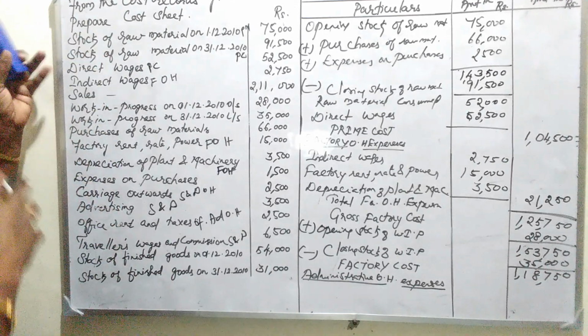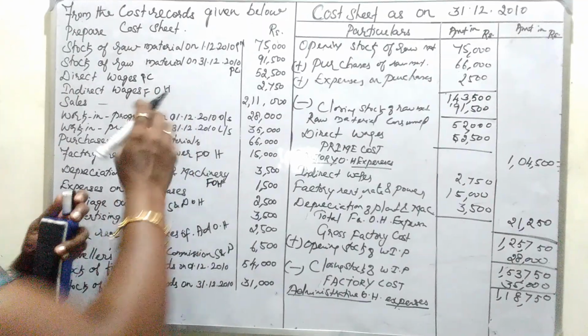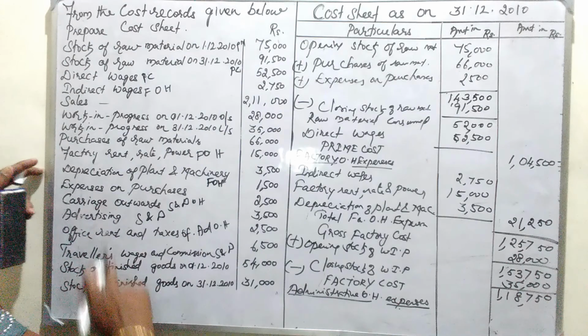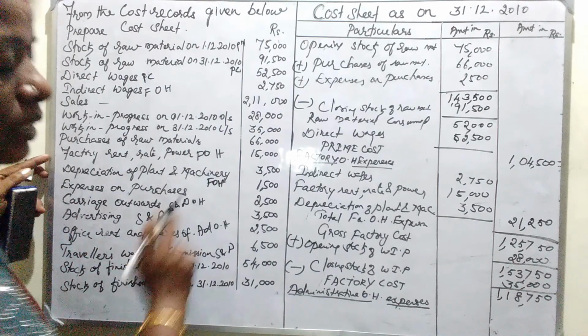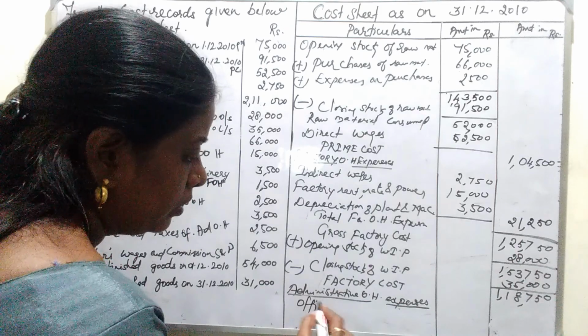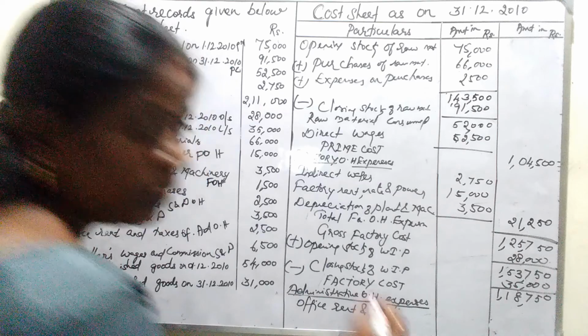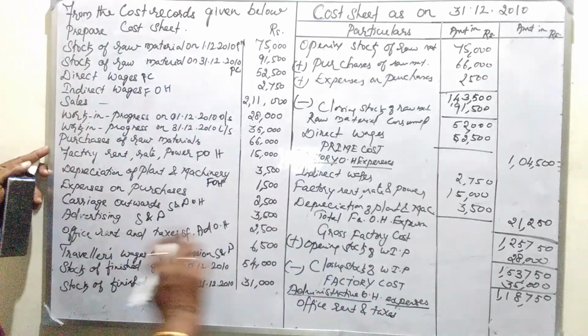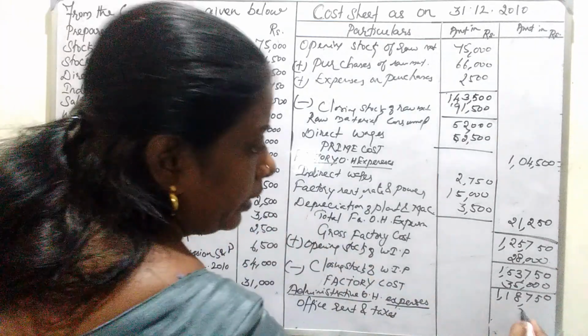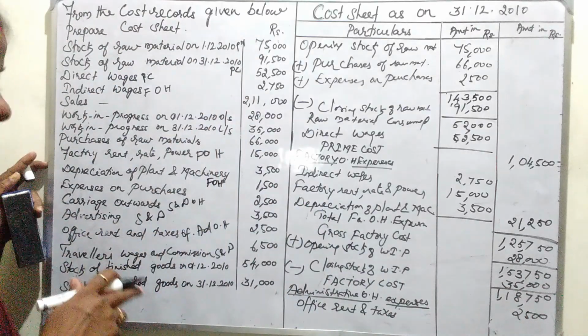So from the top, search it. Among all these expenses, only office rent and taxes come under the office overhead. Office rent and taxes, the amount is 2,500. There are no other office expenses.